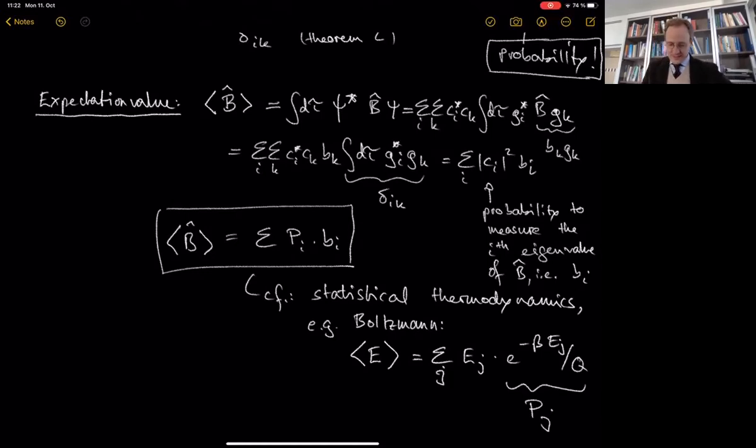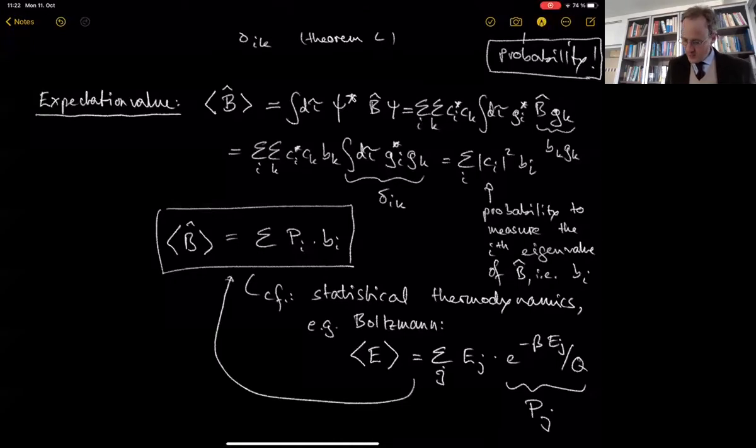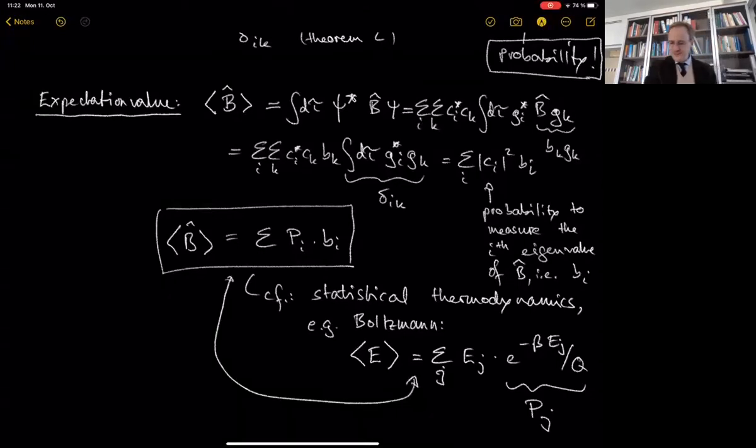And so this is the very same expression, only that now our probabilities are slightly different. They are no longer these Boltzmann factors, okay? But the structure, sum over probability times value, that structure is the same.